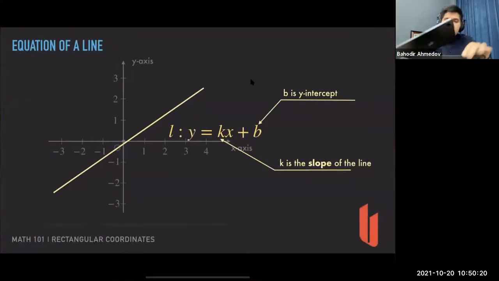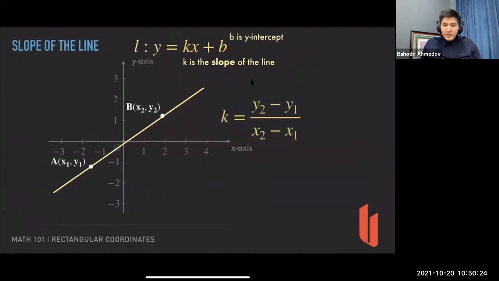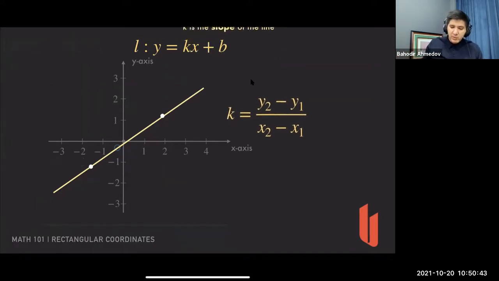Fortunately for us, there is a formula which tells us how to find the slope of any line. If you are given 2 points, you can find the slope of the line passing through them using this formula: y2 minus y1 divided by x2 minus x1. Easy. Let's try this example.